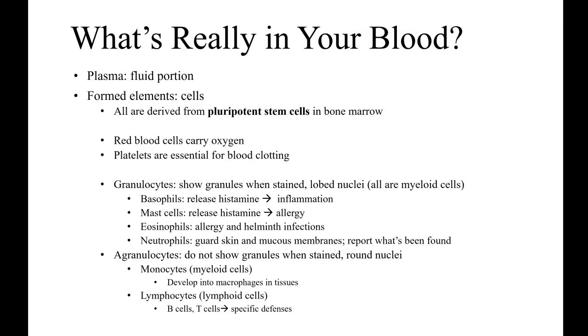Agranulocytes, we'll be talking about one in this chapter, but we'll be talking about lymphocytes in the next chapter. Lymphocytes are B and T cells, and this has to do with our specific defenses. So a little bit more to come on them later on.